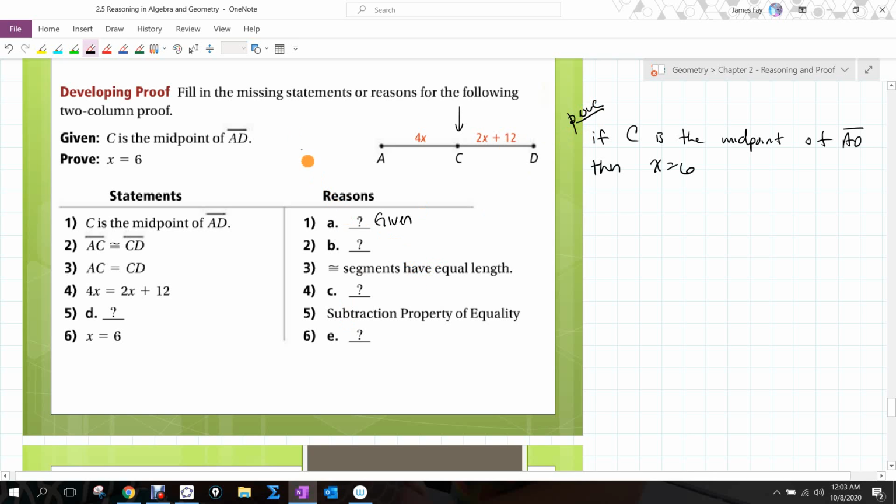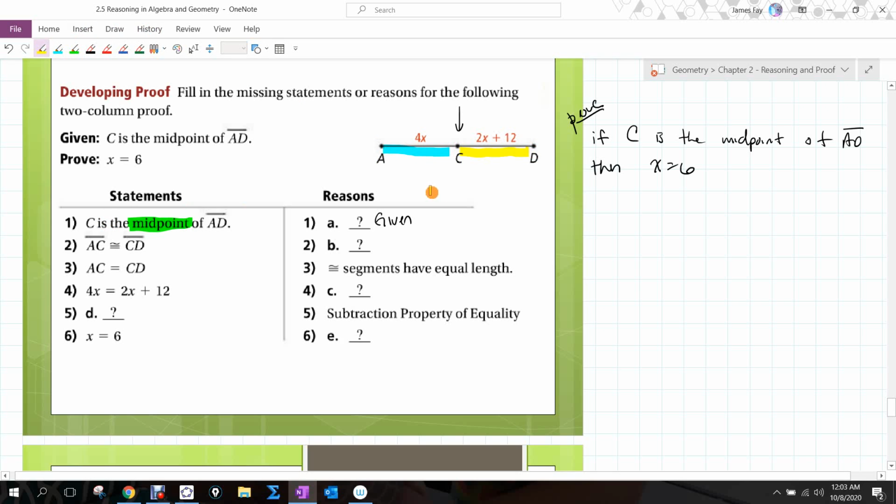So we got the given. So now here's where this is a vocabulary word. So we always want to write our given and then look to see if there are vocabulary words in our given. Then we write down in statement 2, what does that vocabulary word give us for our particular situation? Well, since C is the midpoint of AD, it breaks this segment up into those two parts.